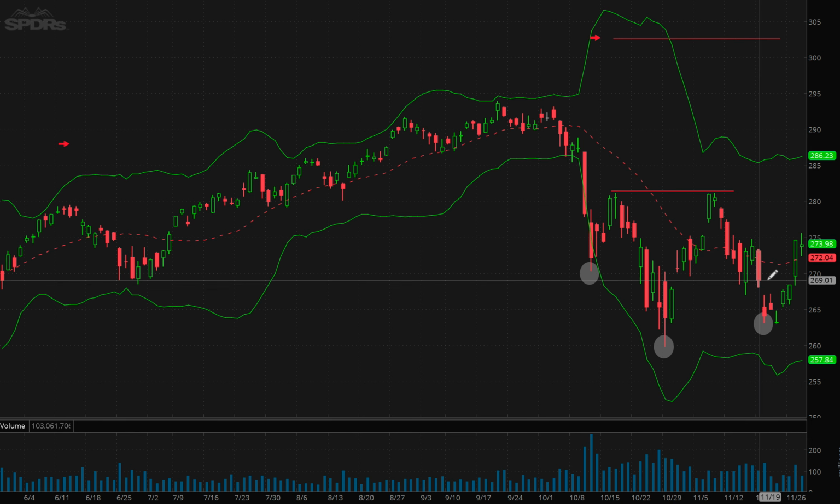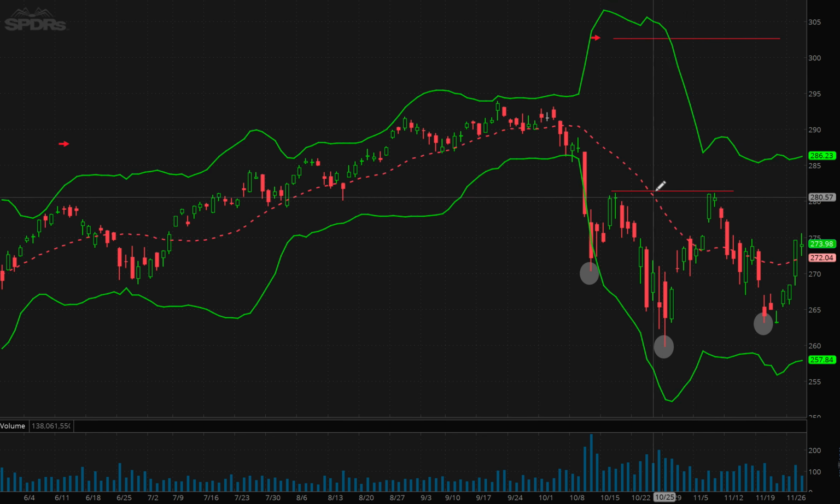This head and shoulders pattern right now hasn't played out yet. It won't play out until you actually get up to this neckline and break through it. If we do break through the neckline, then typically what you have for a target is the distance from the neckline down to the head, and I think that's about 30 or so points. You'd add that to the neckline, that 31 points up, and that would essentially be your target in terms of that pattern.